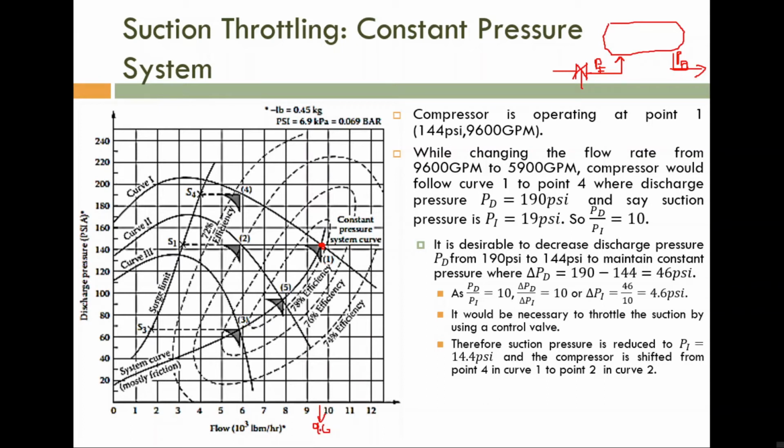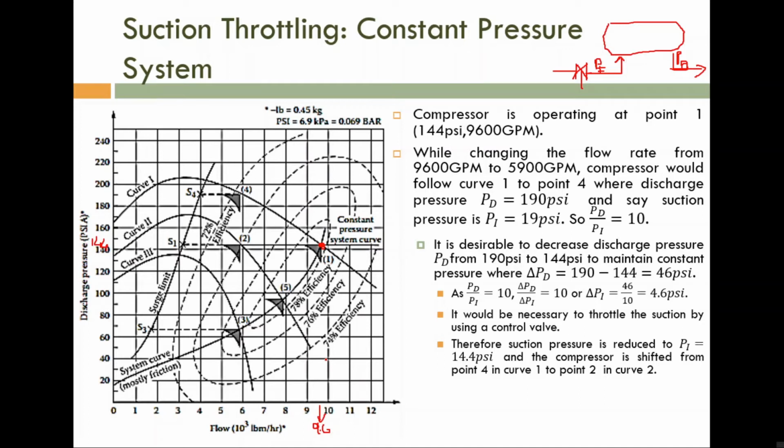Assume that this is 9.6 kilo or 9,600 gallons per minute, this flow rate. And corresponding to this operating point, say the pressure is 144 psi. So the operating point is 9,600, 144.